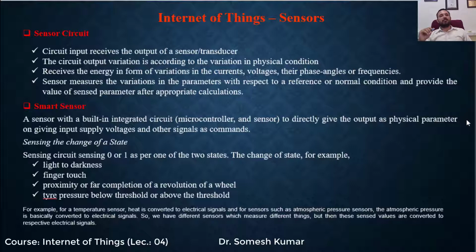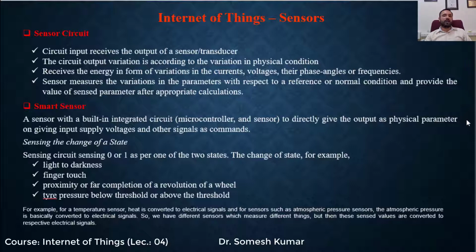Basically, a smart sensor is a built-in integrated circuit, an IC, that includes your microcontroller part or the sensor circuit part. Fine. So we can say this is a ready available circuit, meaning all the other circuitry like the microcontroller and other pre-processing and post-processing circuits needed for the output is included on that IC.